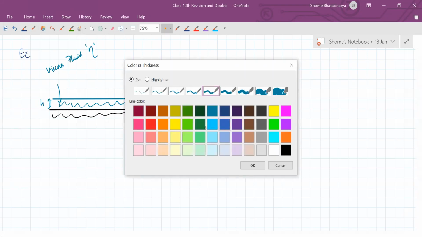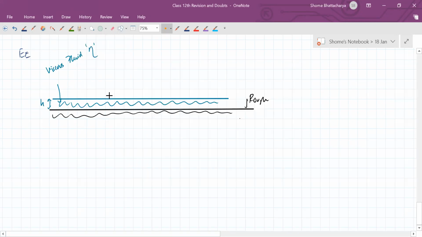Now on that we have a thin rectangular cardboard sheet, or chipboard piece, which is floating.